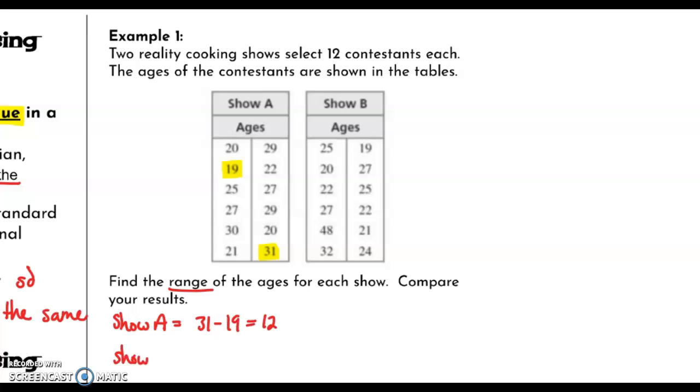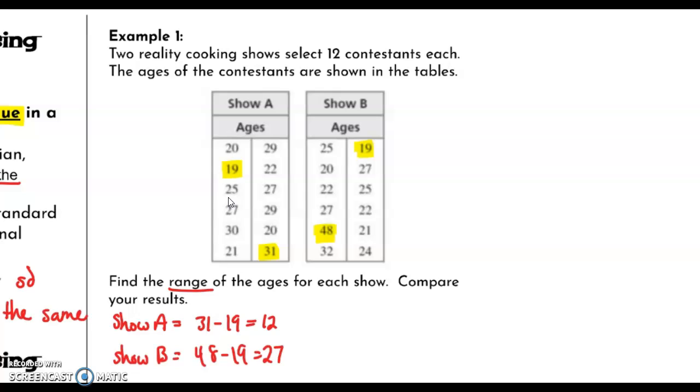Let's do the same for show B. Go ahead and find the range for show B. Okay, so for show B, the oldest person is 48 minus the youngest person, 19. The range is 27. It says compare your results.